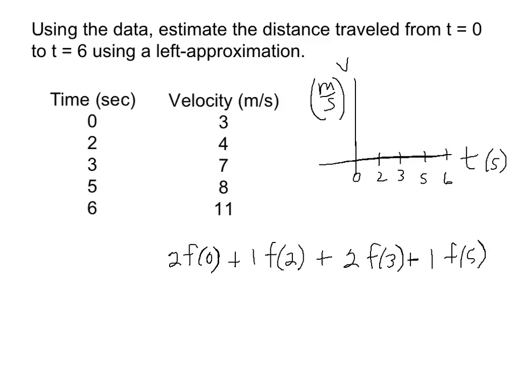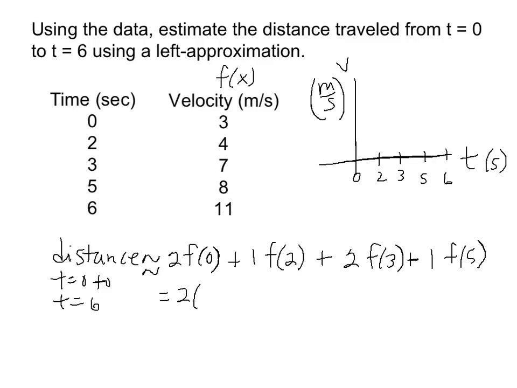Okay, so you would say that the distance from t equals 0 to t equals 6 is approximately this. Now, we don't have a function to plug into, but you are just going to take directly from the table. We'll call this our f of x here, and we'll call this our x.